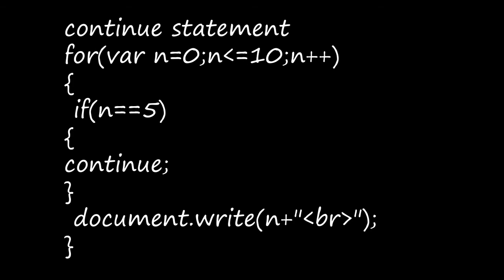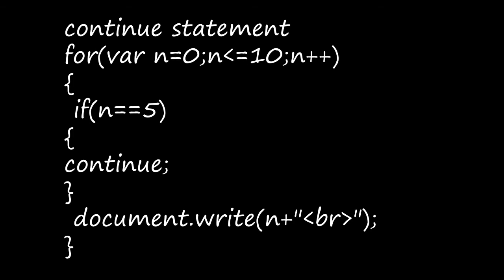Okay, for example, in the for loop, we are giving for variable n is equal to 0, n is less than or equal to 10, n plus plus. And if n is equal to 5, they have given continue, right? Same as we saw in break, here we are using continue.